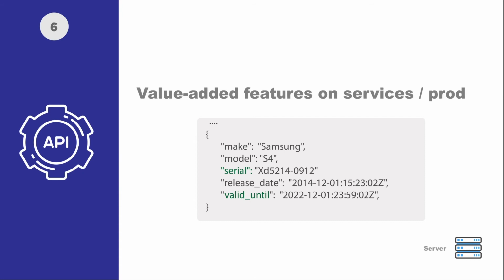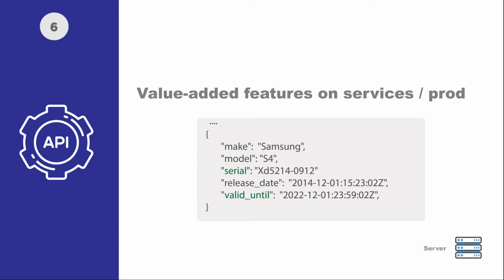We should also version our API when there is a value added feature on services. And service here relates to the endpoint by itself, or the URL that exposes data or any services on the consumer side.